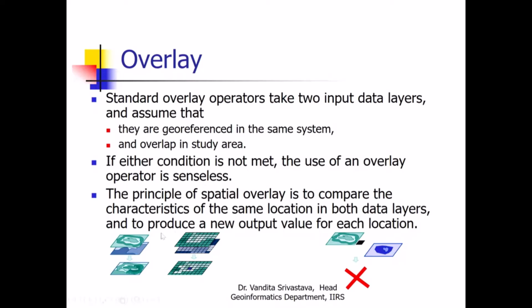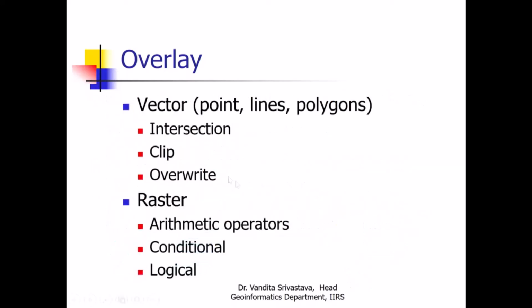Why do we do overlay? The purpose is to compare the characteristics of the data set based upon these data layers and to produce a new output which has got some additional value. Okay, so here I will show you. There are various possibilities in raster and vector. Usually whatever you can do in vector, you can do in raster and vice versa, but with some differences. The way of doing things changes a little bit.